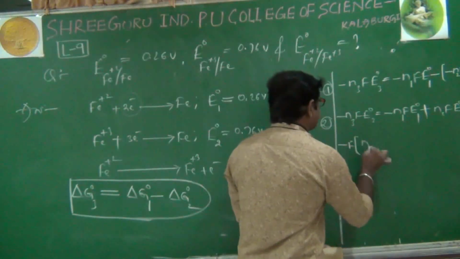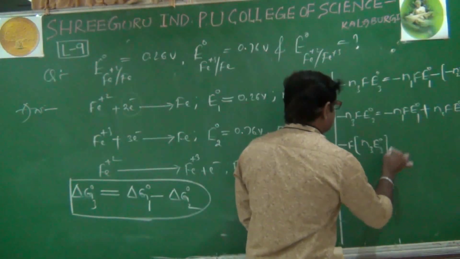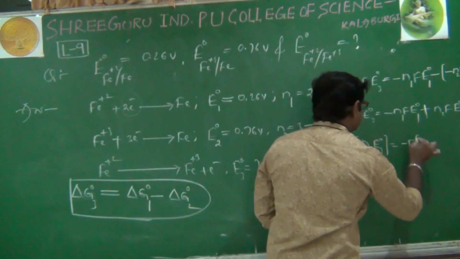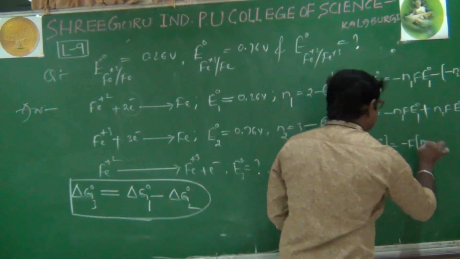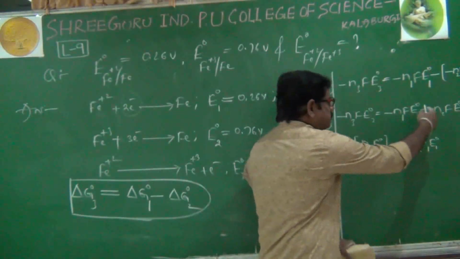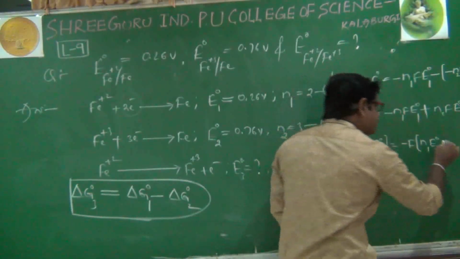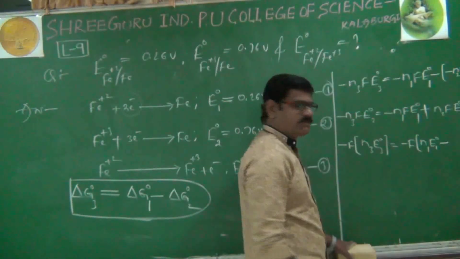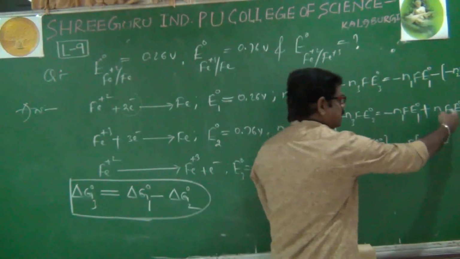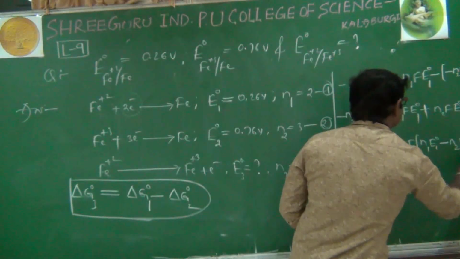The remaining things are N3 E3 naught equals N1 E1 naught. Here a plus sign is there. To get that plus sign, I am taking minus, because minus into minus gives plus. Then F is already taken common, and the remaining thing is N2 E naught 2.